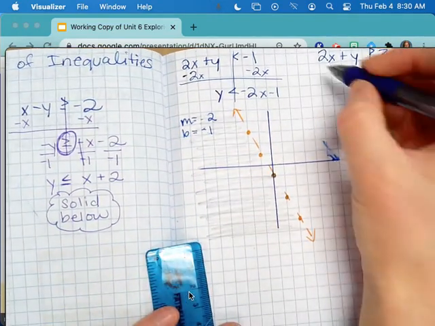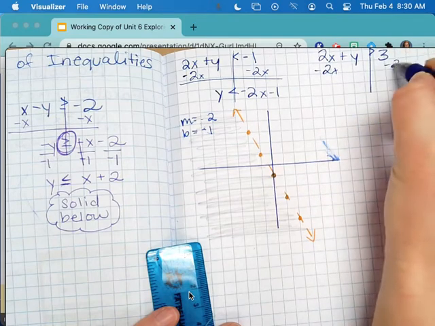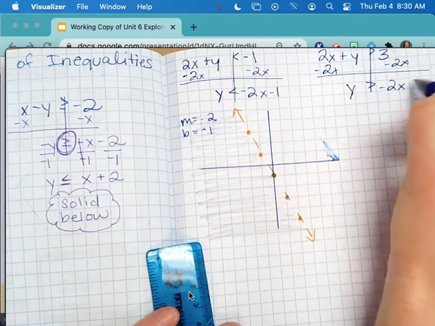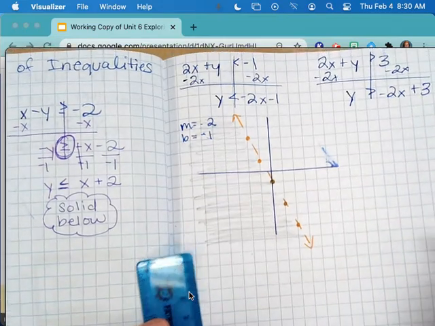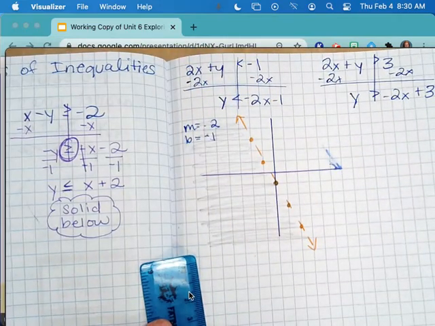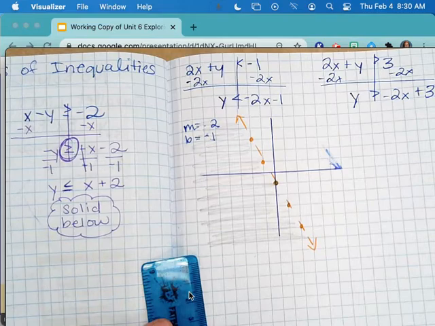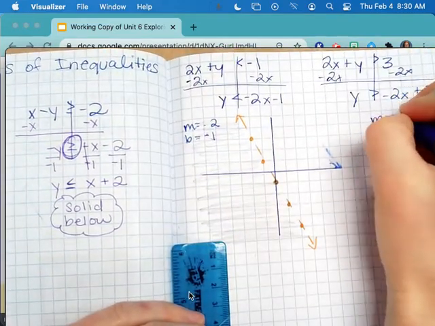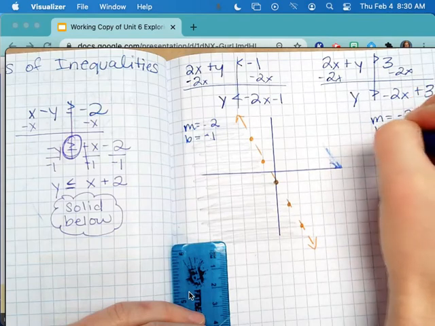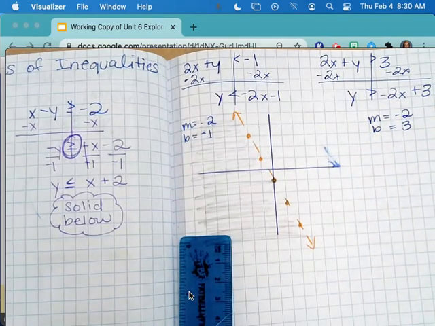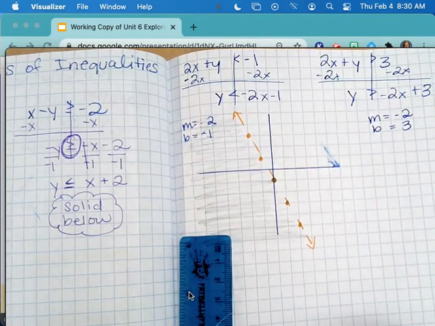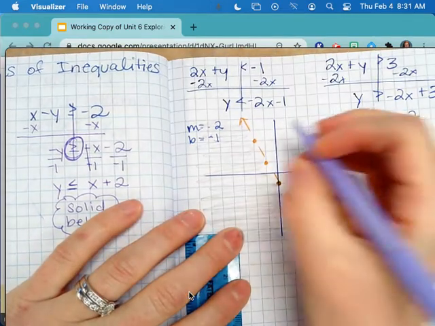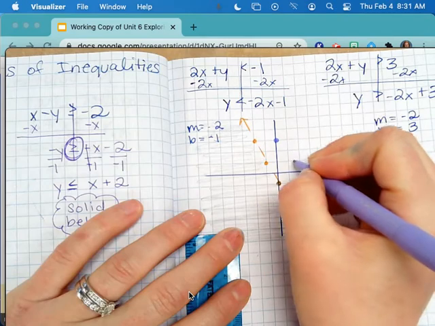Okay, the next one, minus 2x, minus 2x. Y is greater than negative 2x plus 3. So our M on this one's negative 2. Our B is 3. Go ahead and graph that.